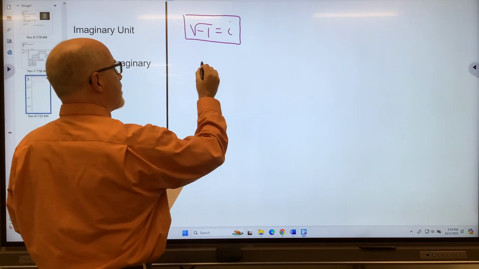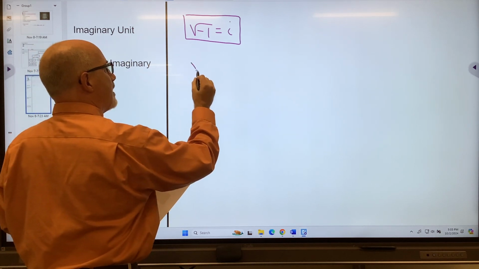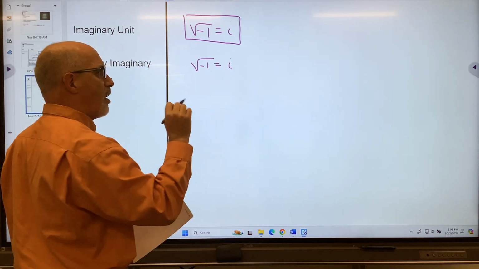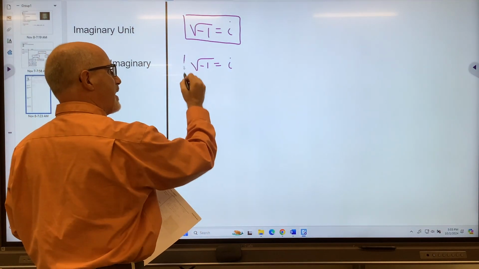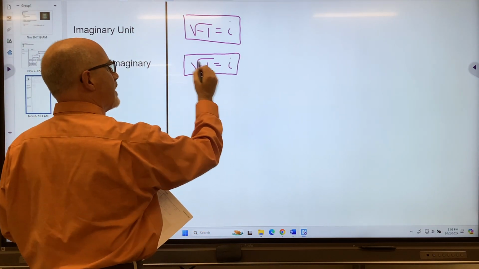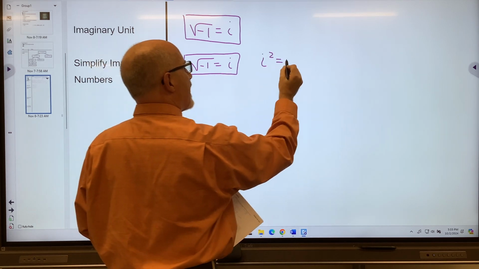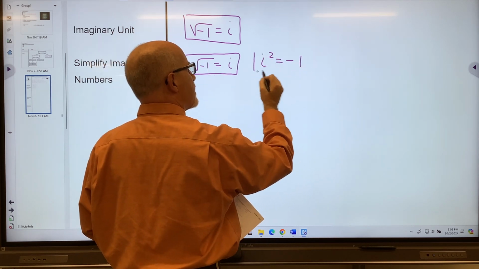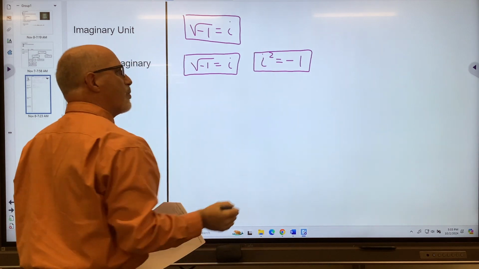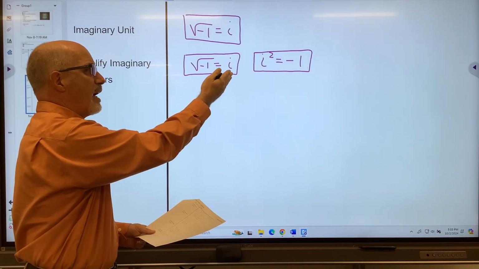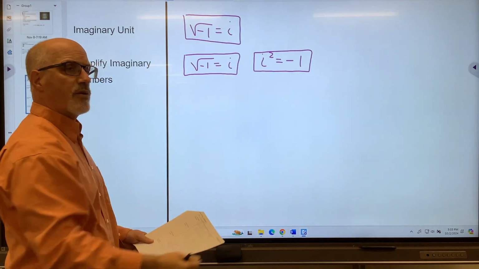So these are our key laws or rules here. Square root of negative 1 equals i is 1. We've got i squared. If you square both sides here, you get i squared equal to negative 1. So these are two that we're going to use quite a bit. If you have the square root of a negative, you use i. If you have i squared, it's going to equal negative 1.